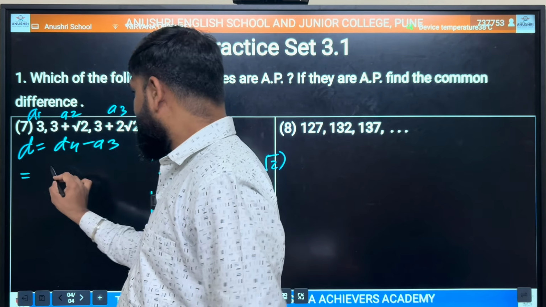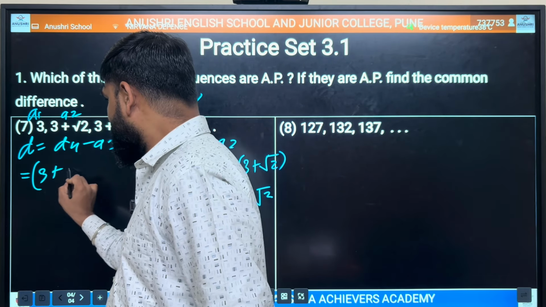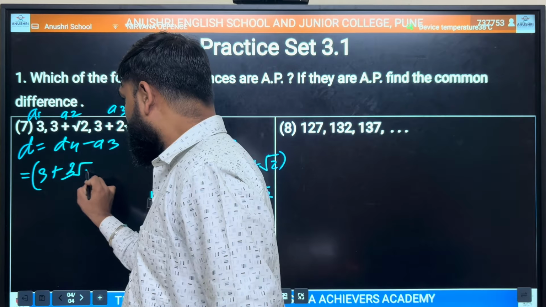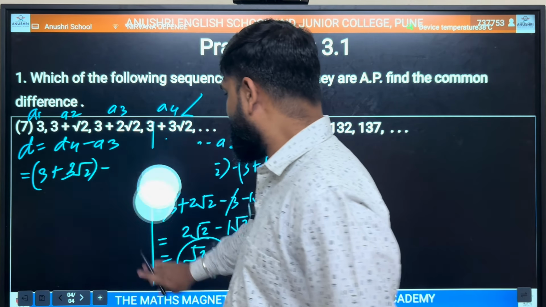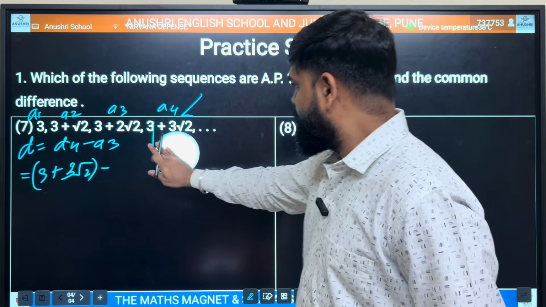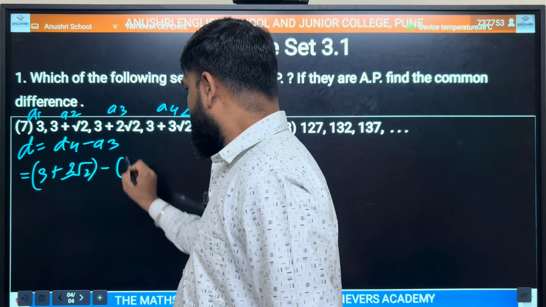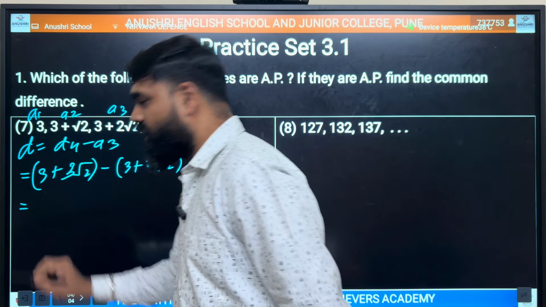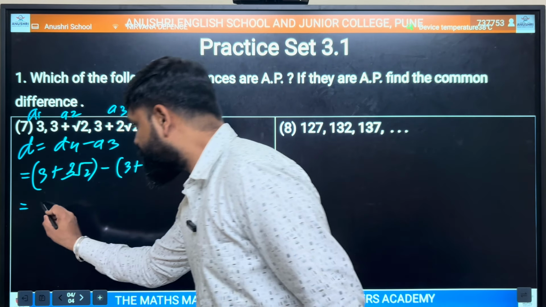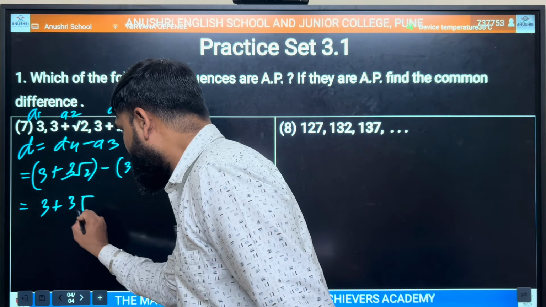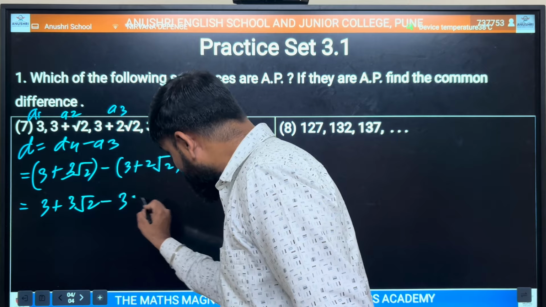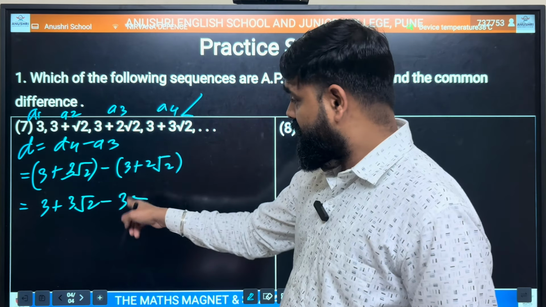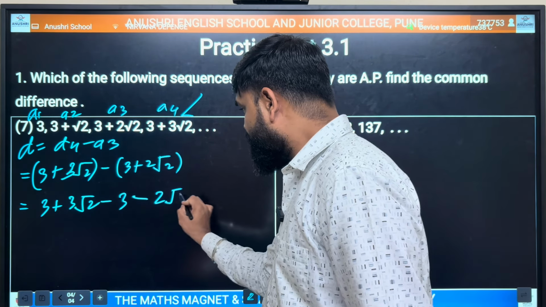So A4 is 3 plus 3 root 2, minus 3 plus 2 root 2. Now we have to open the bracket. So 3 plus 3 root 2 minus 3, look here, minus 2 root 2.